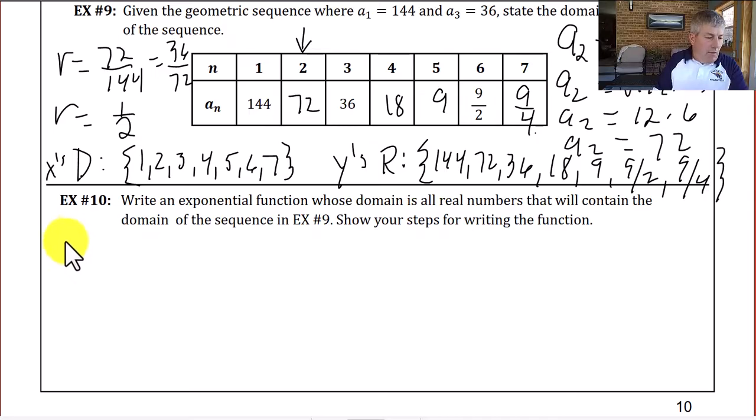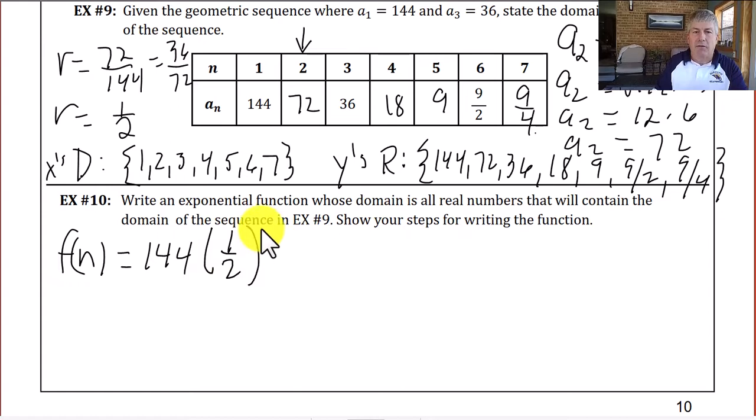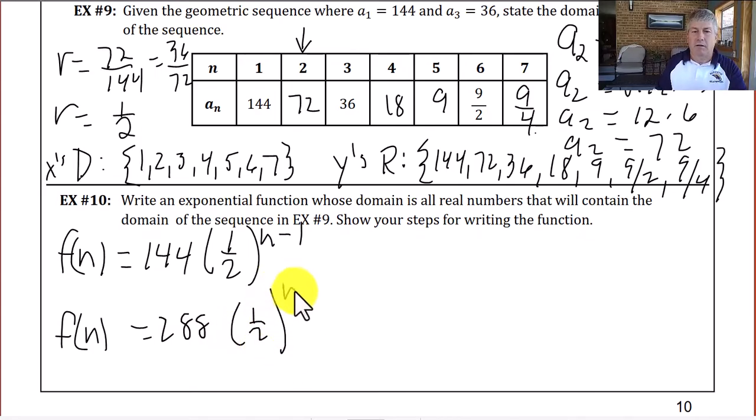So I would say that's f(n) equals 144 times our ratio 1/2 to the n minus 1. Or as we did previously, double 144, we get 288, and that could be 1/2 just raised to the n power.